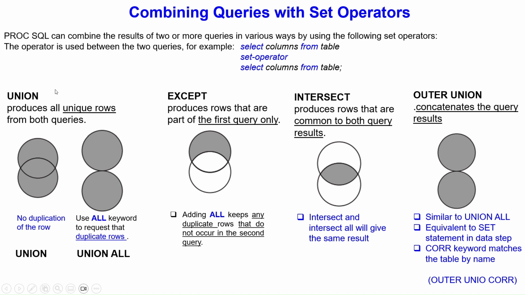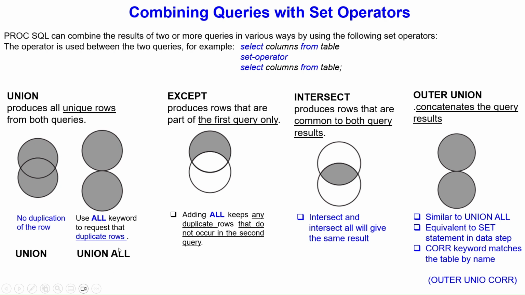So what happens when you use the union operator? It produces a concatenation of your data sets, but it only produces unique rows from both queries. It will not include duplicates of any rows. If there is a duplicate record, it will not be included when you use the union operator.